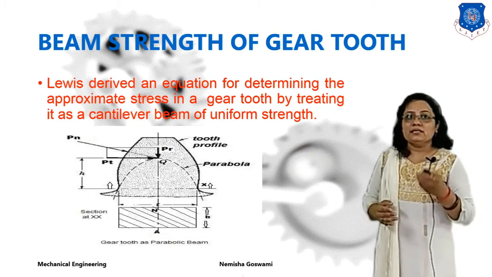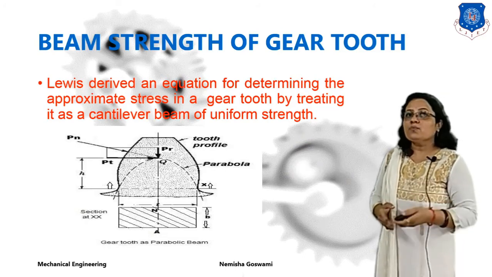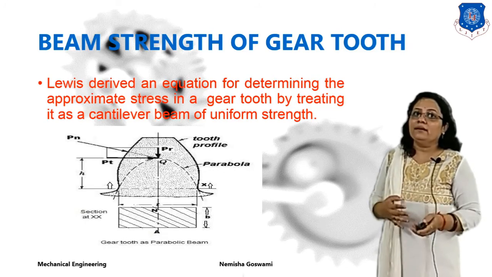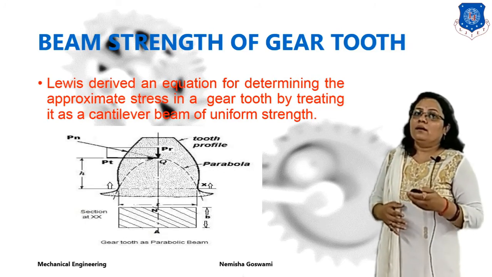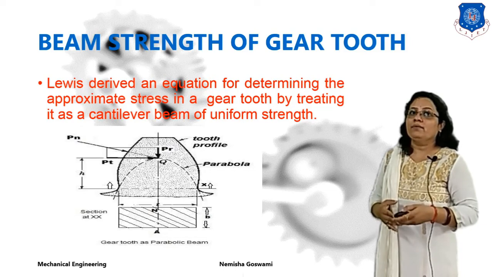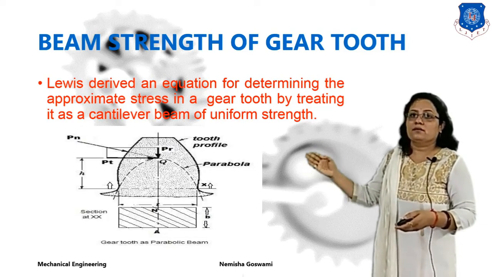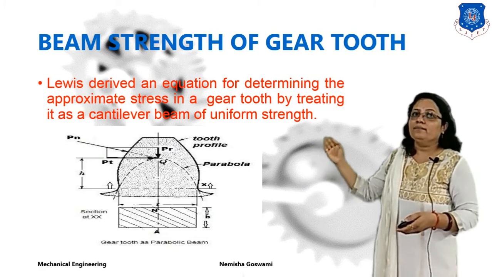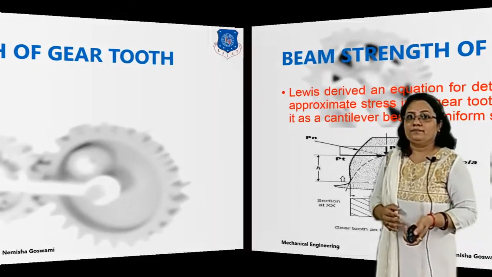Pt is the tangential load, which is responsible for bending, and bending failure may occur in the gear tooth. So we have drawn a figure like a parabola.